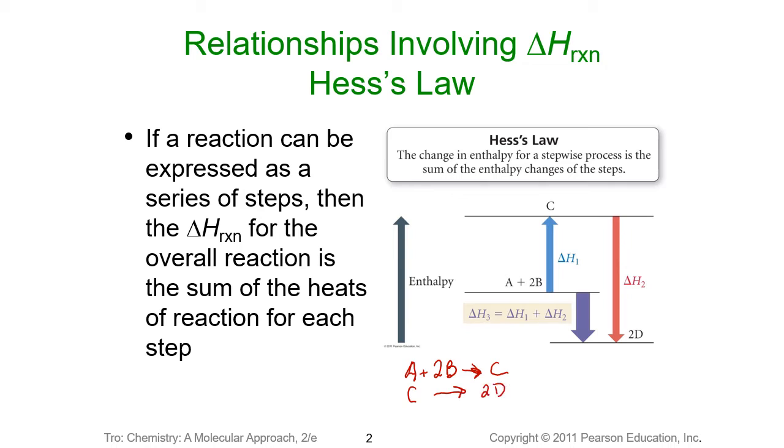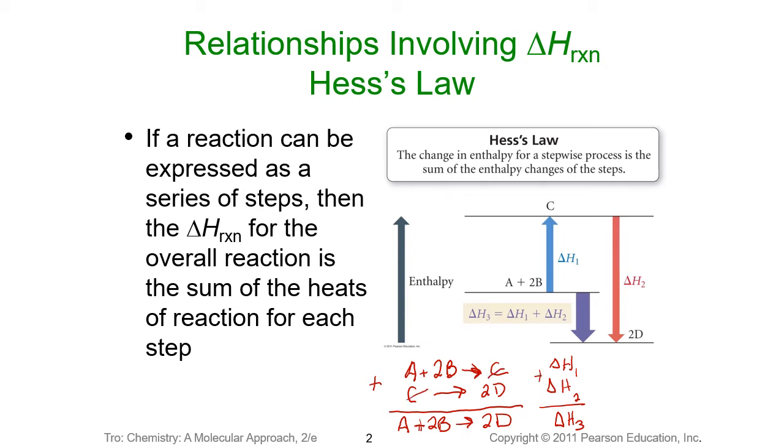Well, if we want to find the reaction of A plus 2B producing 2D, we can just add the enthalpies together because we added the chemical reactions together. So because this was an addition of reactions, it is an addition of the enthalpies.